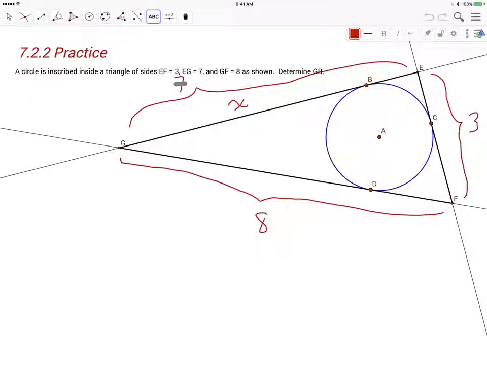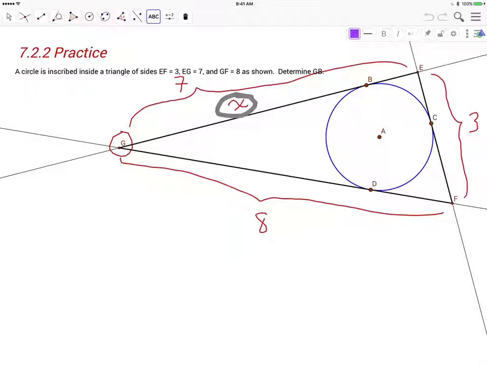This is 7. Okay. A nice thing to do in this problem is to apply the idea that G is an external point to the circle, and we know that the tangent segments from G will be congruent. So maybe I'll even change some of the colors here.